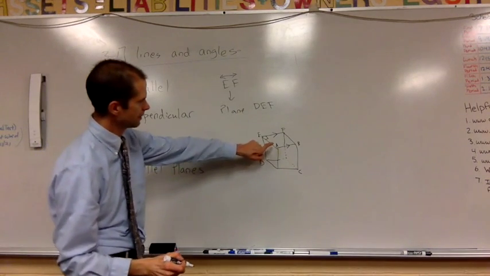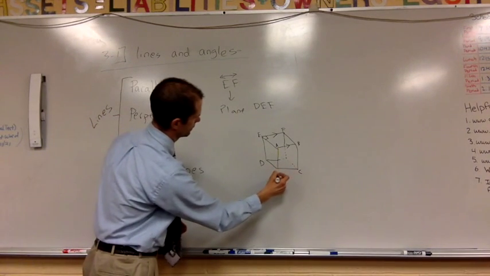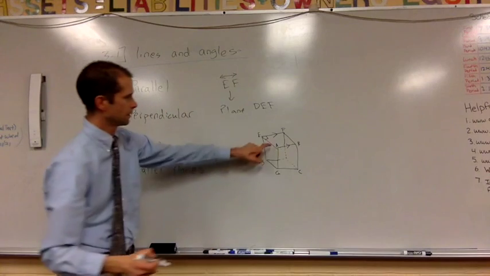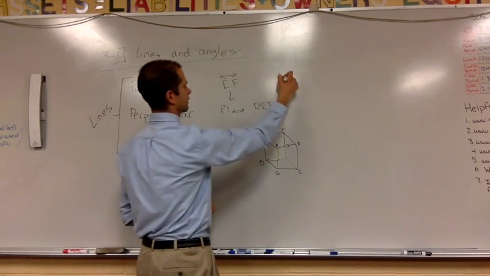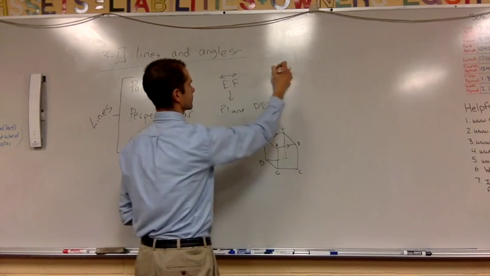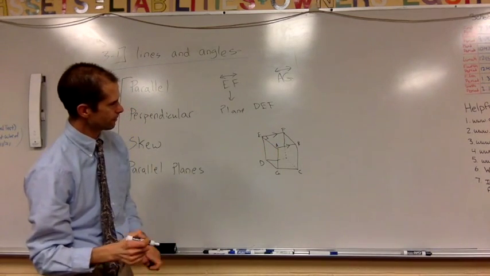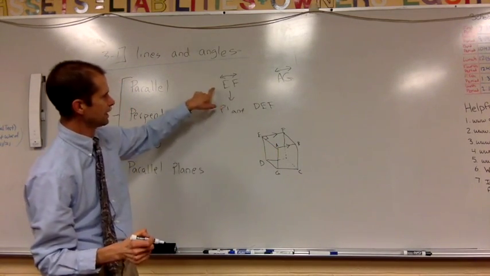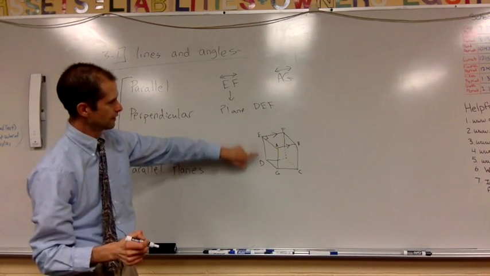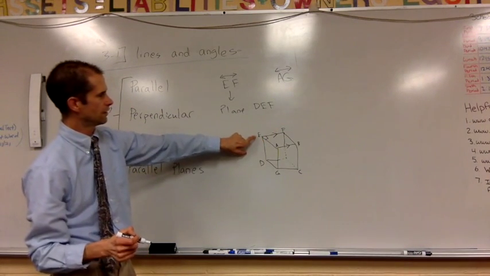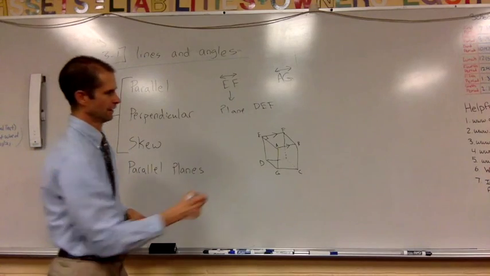Now we look at line AG. Line AG is not on the same plane as EF. It will never touch the line EF. It will not cross it.